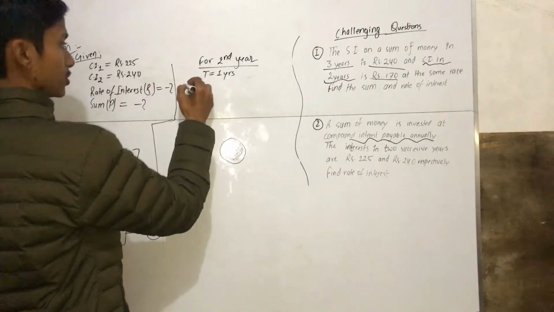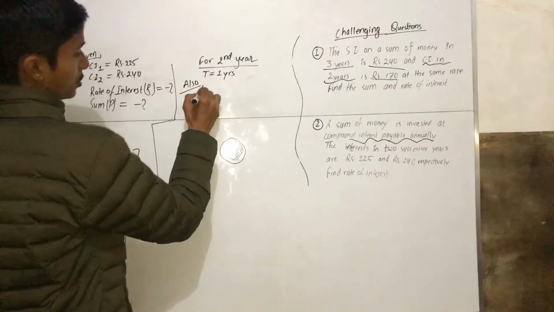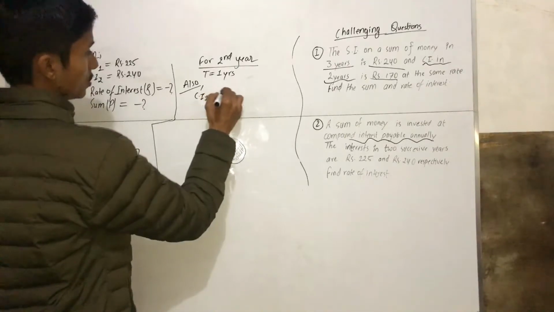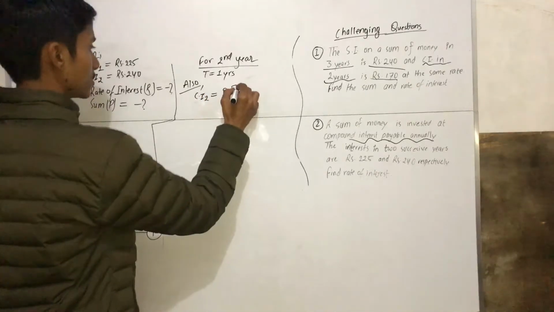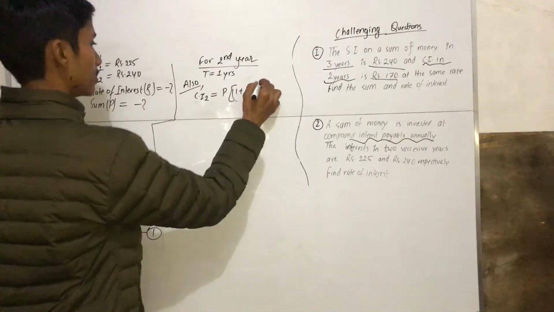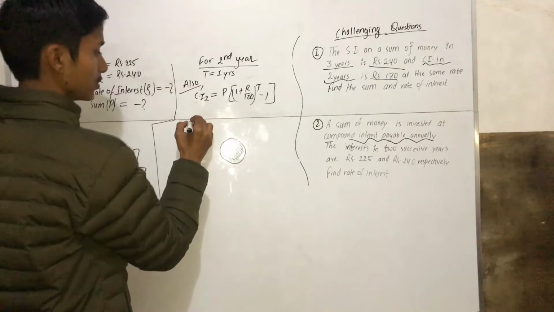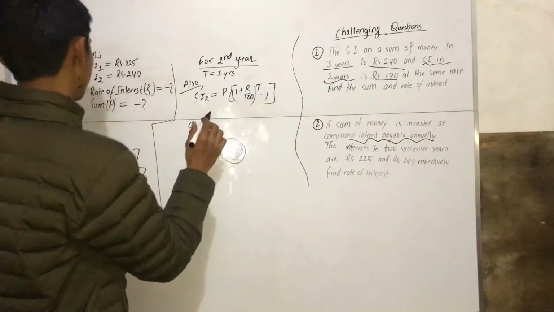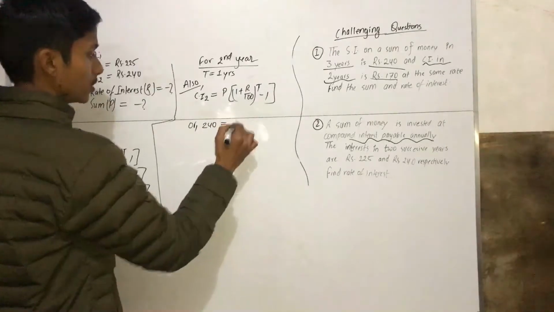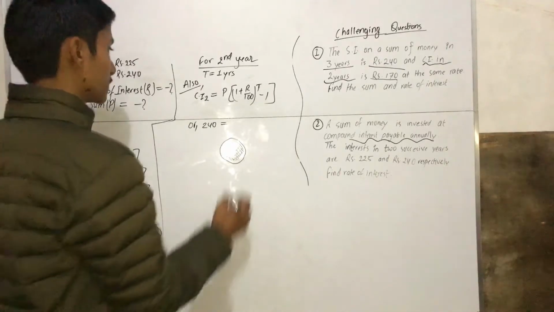Now compound interest for the second year is equal to P times (1 plus R by 100) to the power T minus 1. Okay, now the compound interest is how much? 240. 240 is our compound interest for the second year.